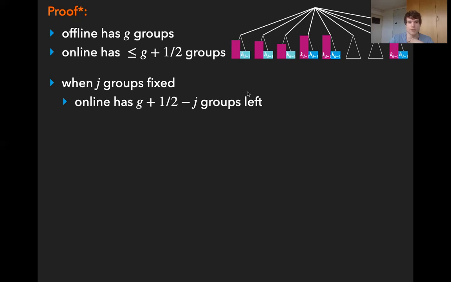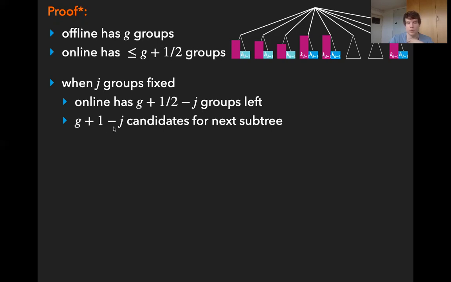This means that because there are at most G plus 1/2 online groups, therefore in the other subtrees, there are G plus 1/2 minus J online groups left at most.